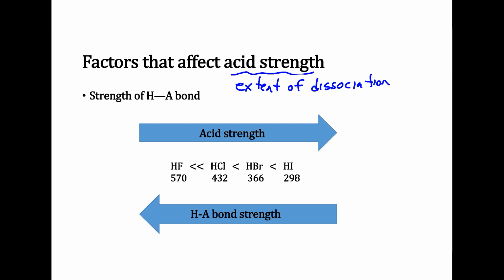So the stronger the covalent bond, the weaker the acid, because the stronger the bond is, the more it's going to be hanging on to the proton. So we can just say the stronger the covalent bond, the weaker the acid.